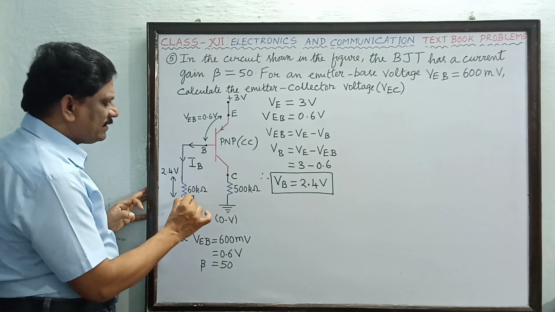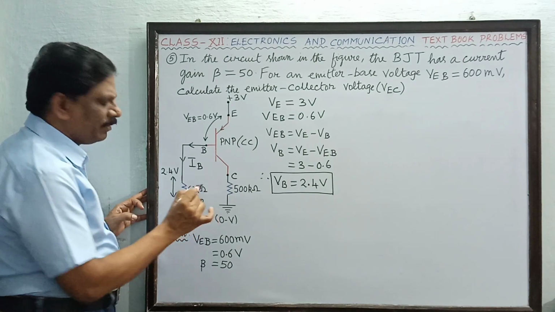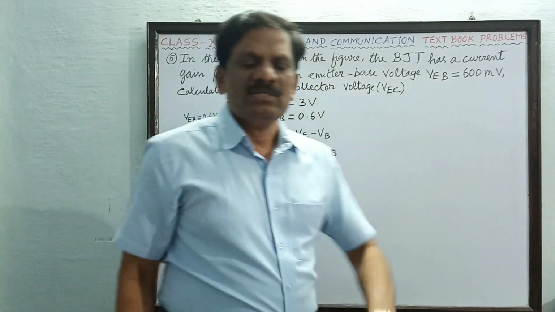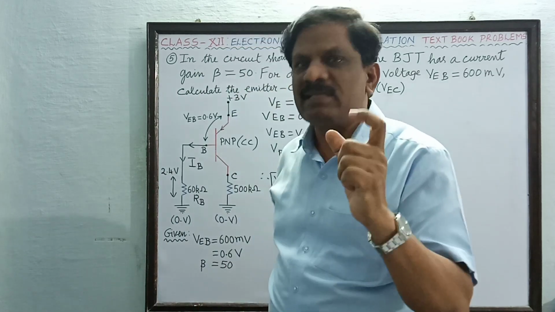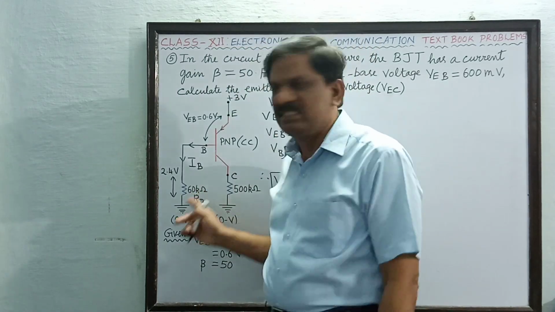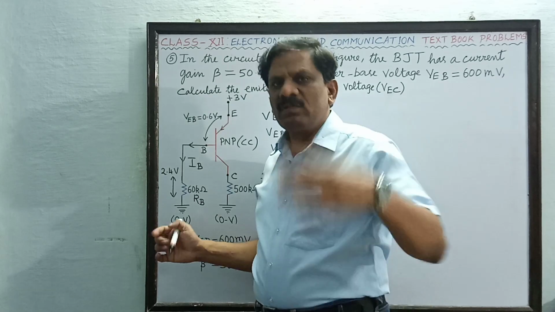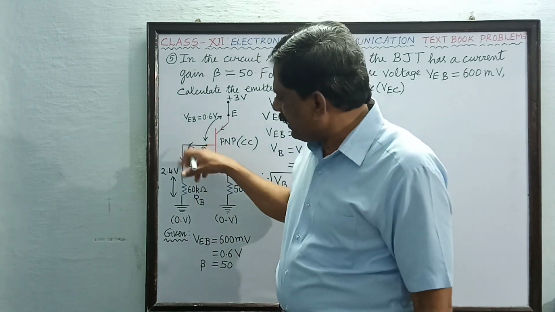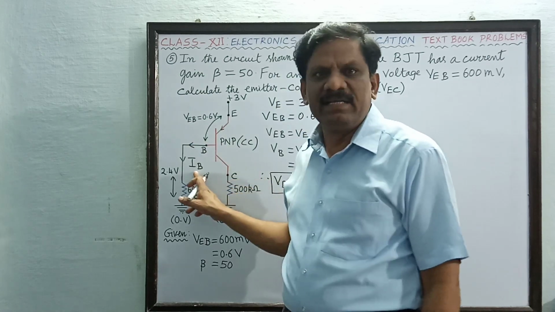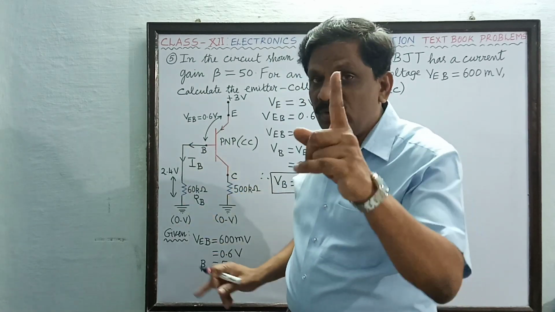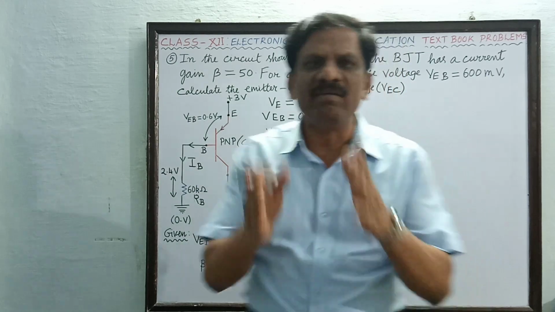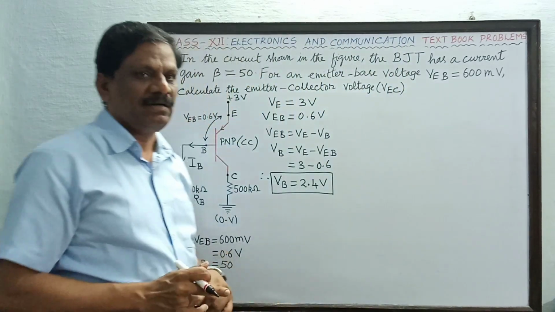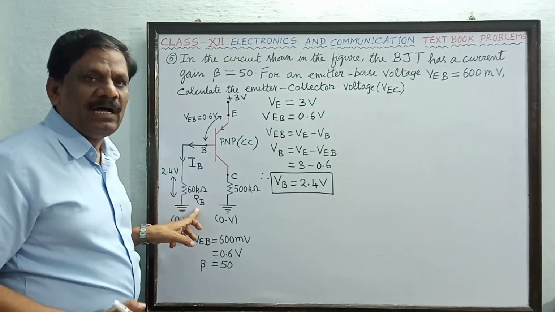And this resistor is taken to be RB. A potential drop has occurred across this resistance of 60 kilo ohm. So this 60 kilo ohm is the base resistor, and the current supplied through the base I have taken as IB. So this potential difference of 2.4 volt must be equal to the product of IB into RB.